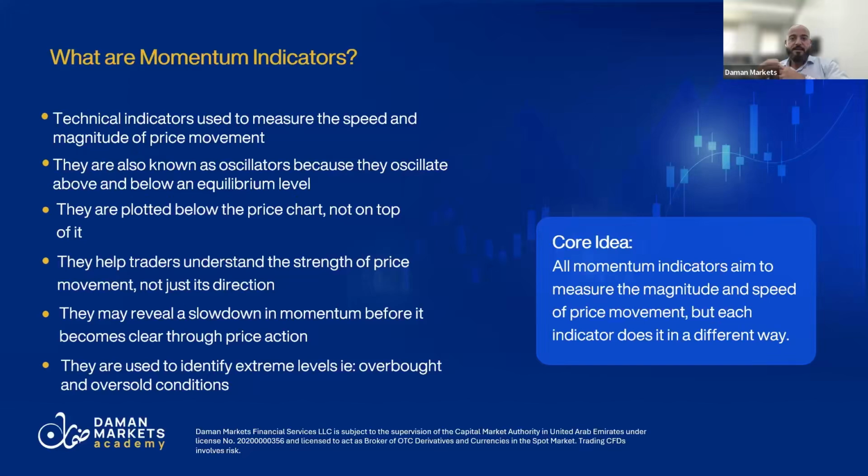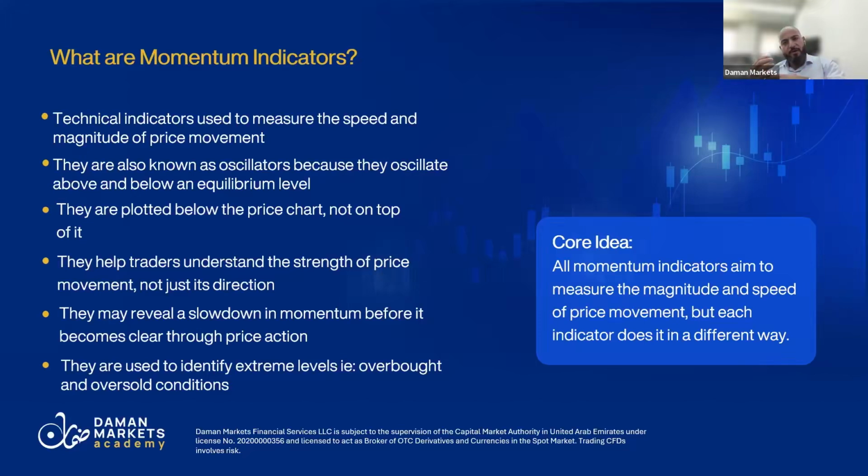If prices are ascending at an increasing pace or descending at a faster pace. These indicators are also known as oscillators because they oscillate, move above and below an equilibrium level. They are plotted below the price chart, not on top of it.